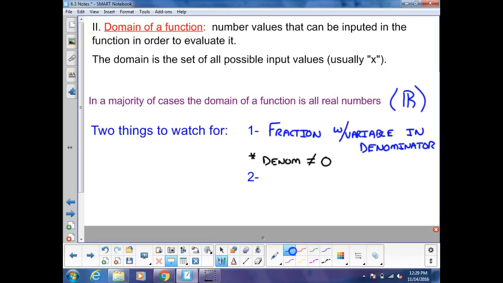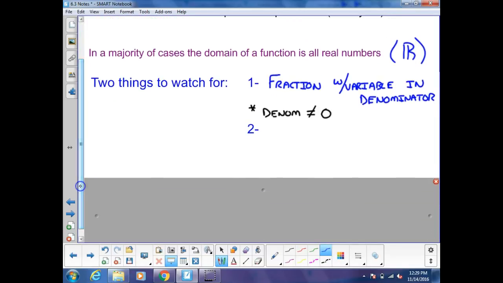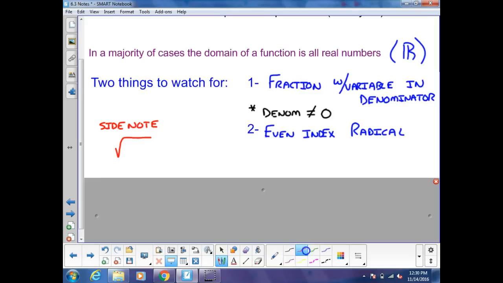The second thing that we have to watch out for is when we have an even indexed radical. Side note, remember that the index on a radical is right there.